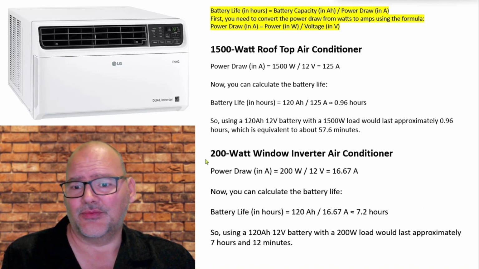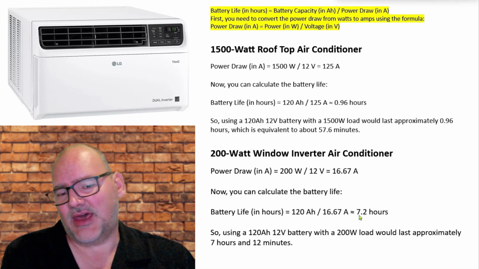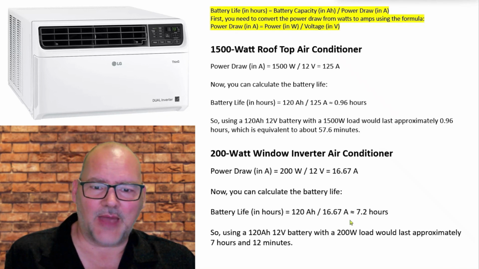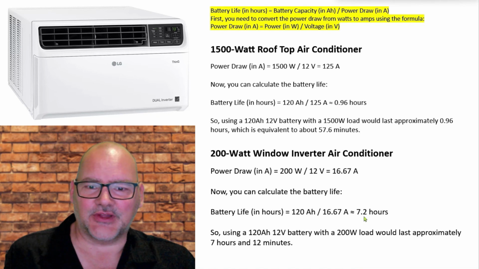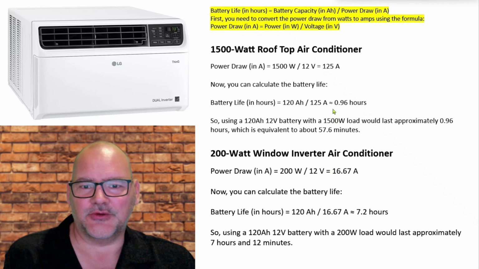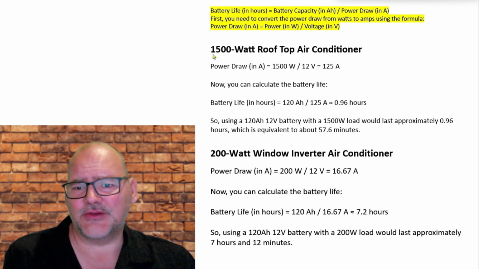And again, this isn't always going to be on. It's going to cycle lower sometimes. So let's say 8 hours of battery life from this system. So I will get 8 hours of air conditioning off 120 amp hours of battery, compared to an hour and 20 minutes. And this is another reason why I did this.